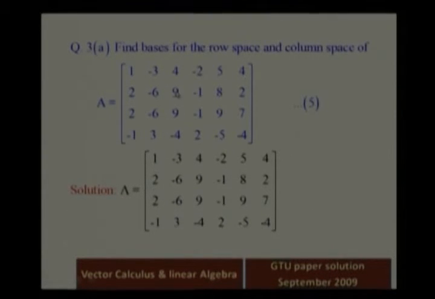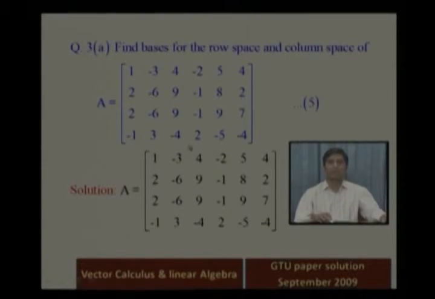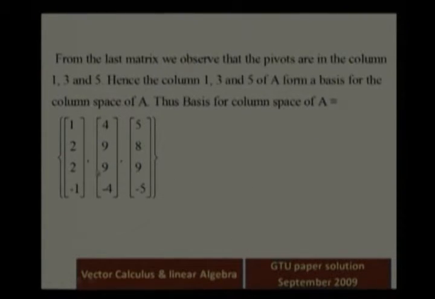You can see the first, third and fifth columns, these three column vectors are exactly the basis vectors for the column space of A. So 1 2 2 minus 1, 4 9 9 minus 4, and 5 8 9 minus 5. So here is the explanation.